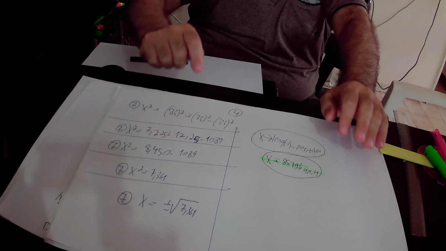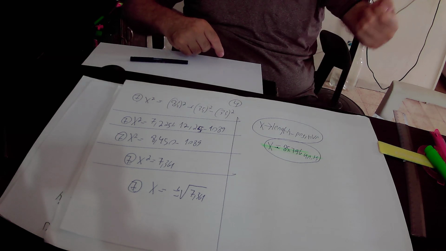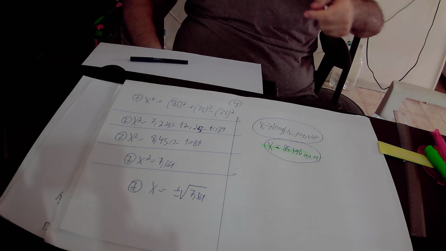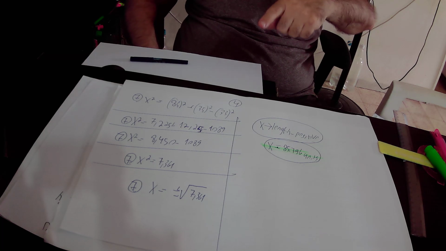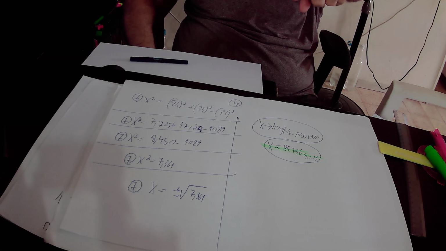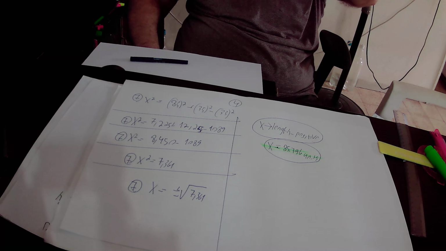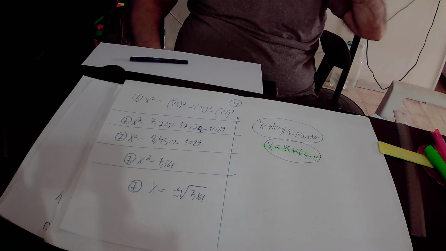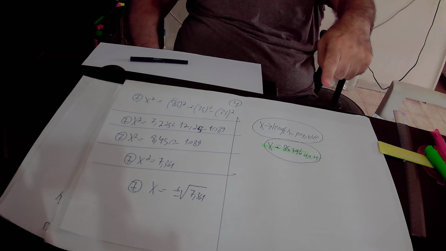But because x is a length, it must be a positive number. So the only answer that is possible for x is the positive root of 7361. That is actually the positive square root of 7361, which is 85.769 units.